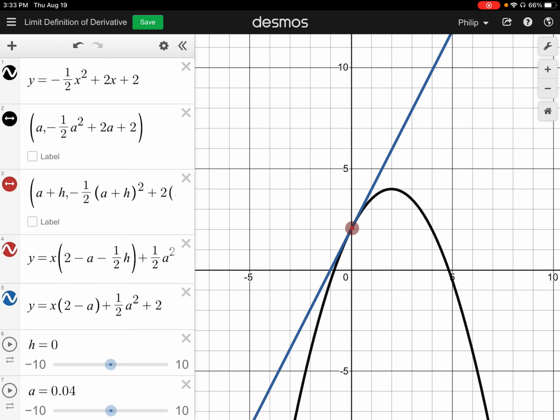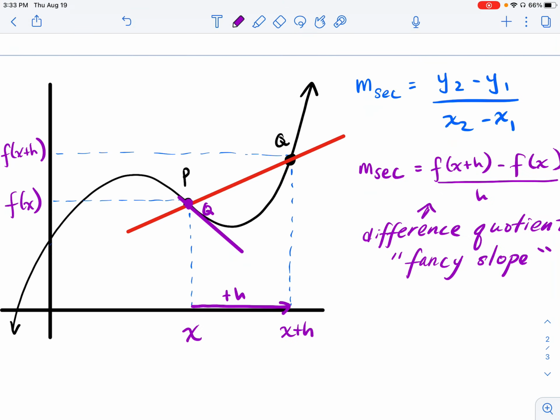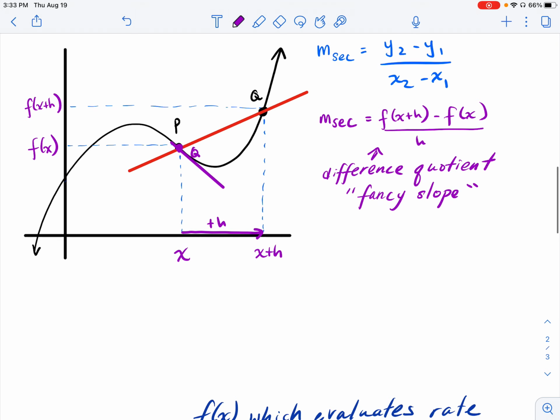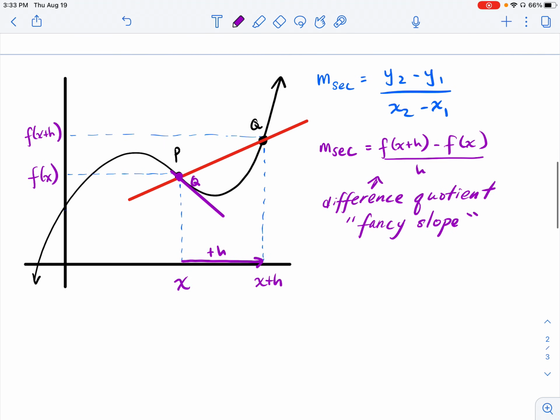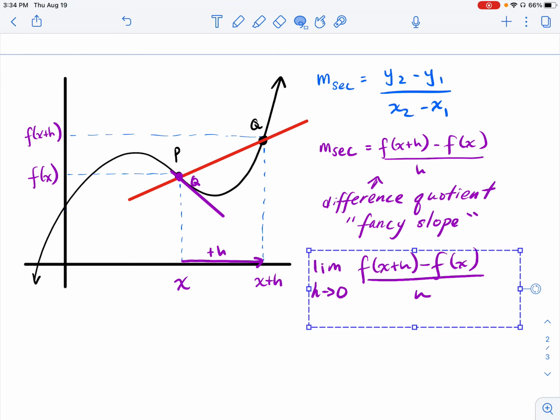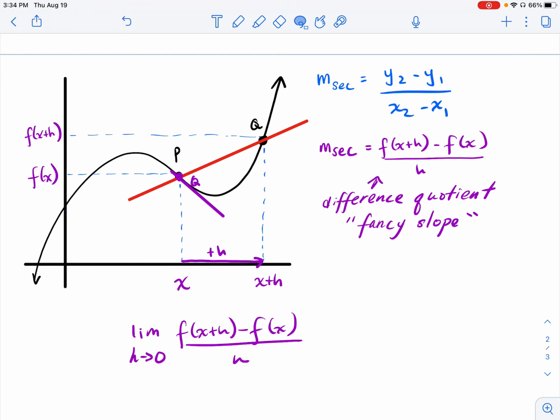And in calculus, we have a way of describing that process. It's what we have talked about thus far in this chapter. We can say that the limit of our difference quotient, f of x plus h minus f of x, all of that over h, as h approaches 0, is exactly what's happening here.